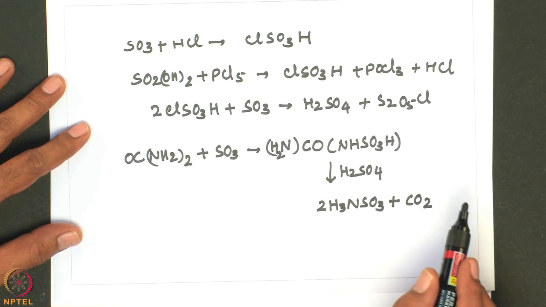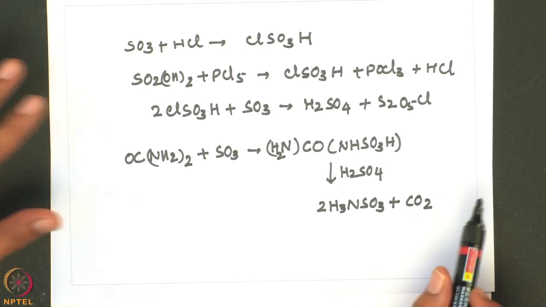Okay. So, in this way approximately 1 million tons of amidosulfonic acid is produced every year, and this chlorosulfonic acid is useful in detergents and also as chemical intermediate.